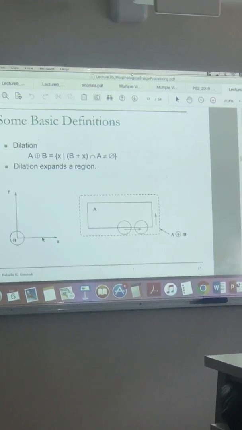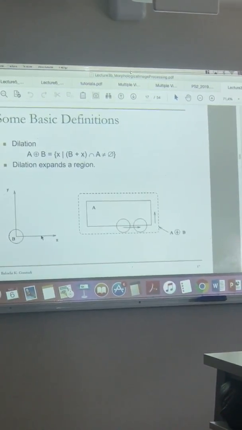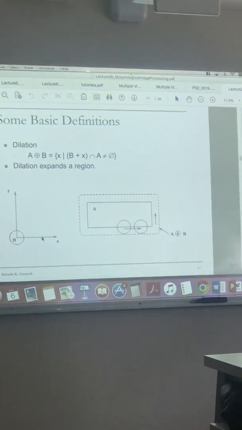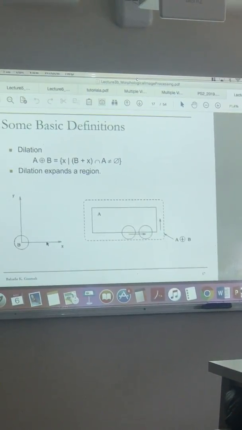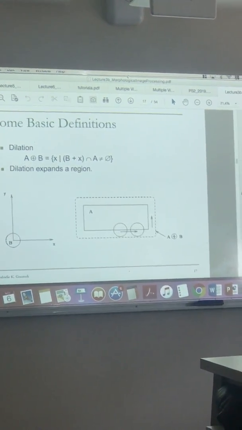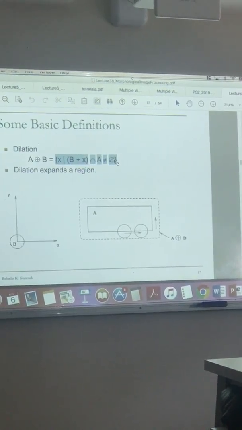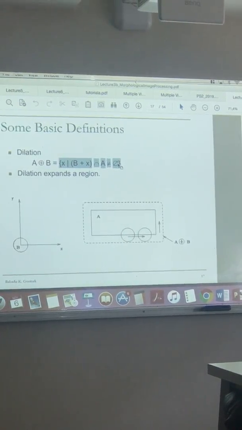I may give you a small object and then give you an operation. I may come up with something and say apply this operation on this object, for example. So you need to be able to read this and understand what this is doing.